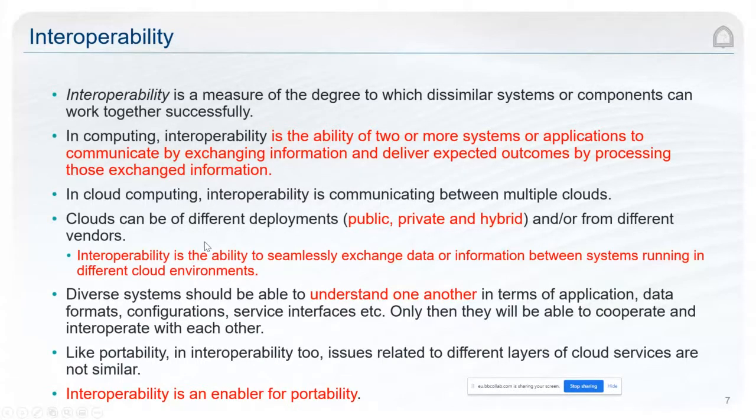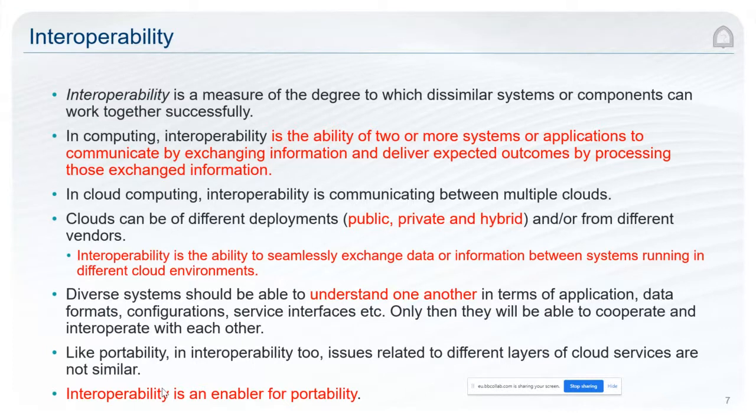And there is a relationship between interoperability and portability. Interoperability is an enabler for portability. If you have interoperability, it means you can have portability.